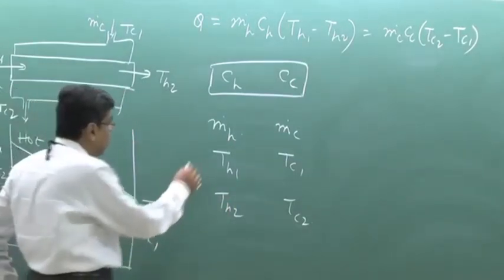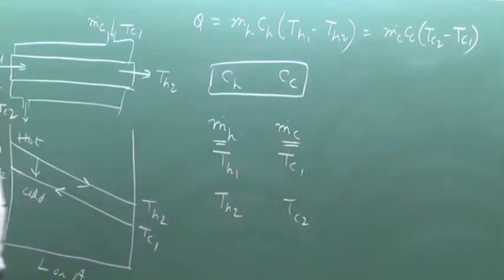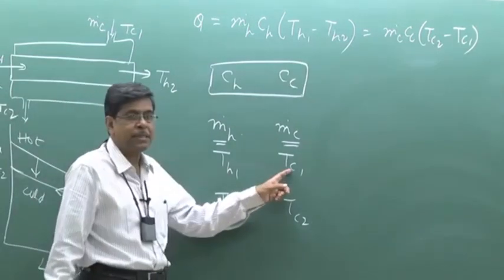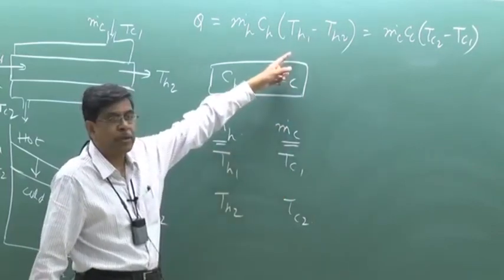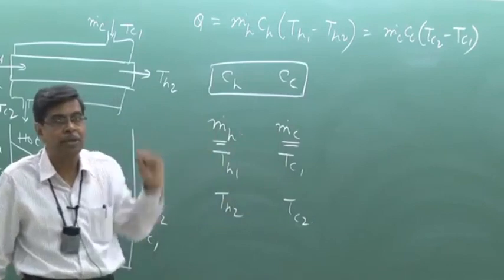Usually the mass flow rates of both hot and cold are given in some class of problems along with 3 temperatures. That means implicitly I know the 4th temperature. That means all these 6 quantities are given.